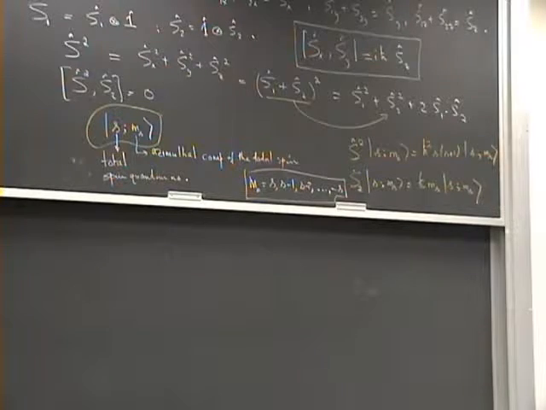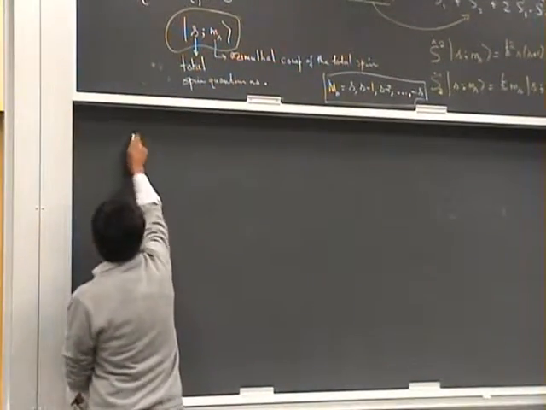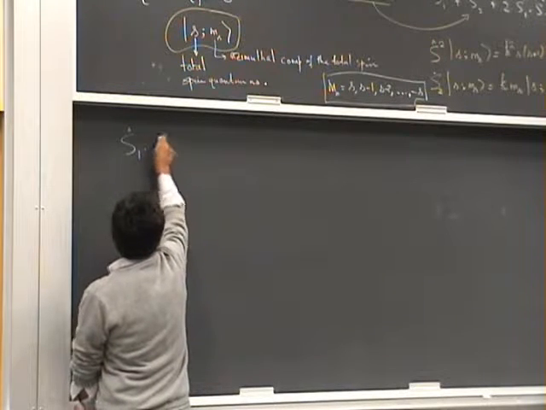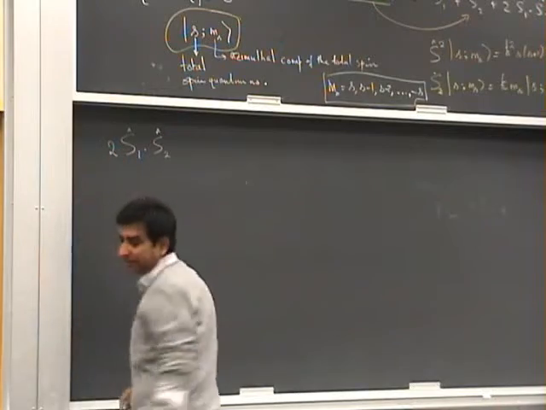So, alright, first of all, I would like to recap what are the basis states of 2 times S1 dotted with S2. These basis states are simply these states.